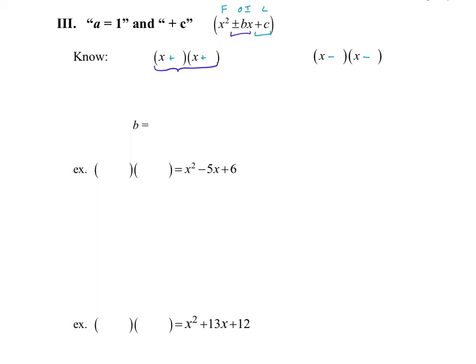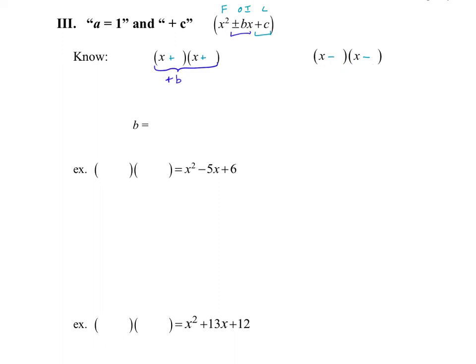If the middle term in the trinomial is something like plus 5x or plus 7x or plus x, so if this has a positive b, it has a positive number in front of x to the first. And when we look at the second one over here, if we do outside and inside, that's going to give us some negative number of x's and then another negative number of x's.